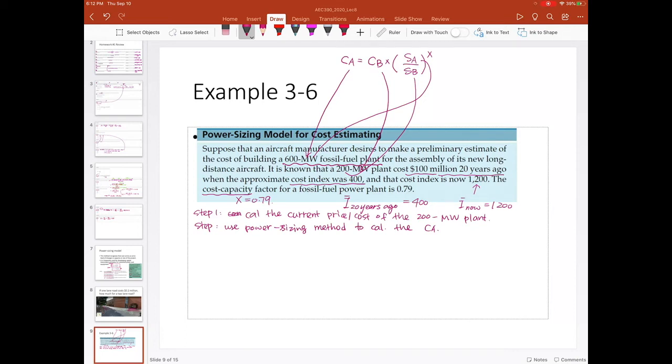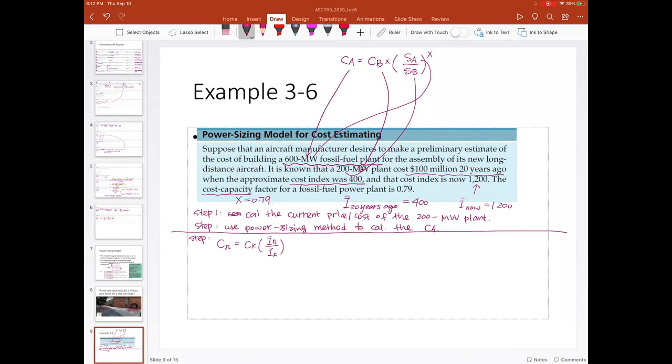Okay, so let's do the first step. Step 1. All right, so for step 1, we need to first copy the equation here. The index method, the equation is Cn is Ck times I bar n over I bar k, right?